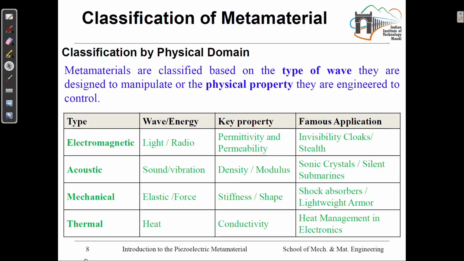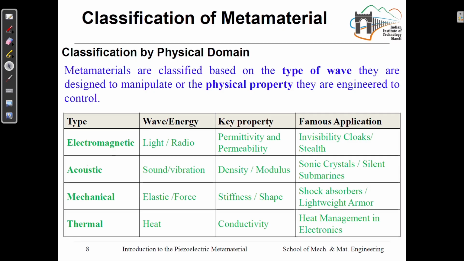But actually in mechanical engineering, or even civil and aerospace, we generally deal with these 4 domains. However, the domains can be extended.